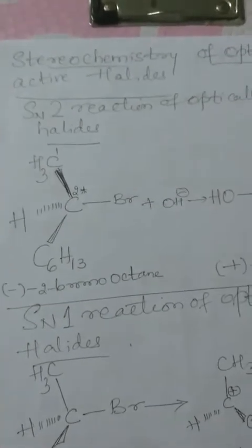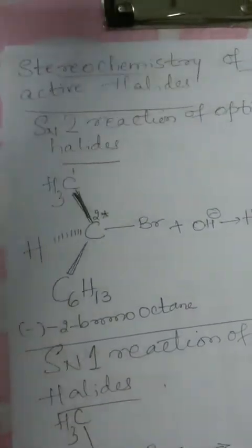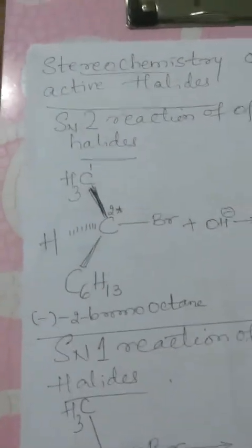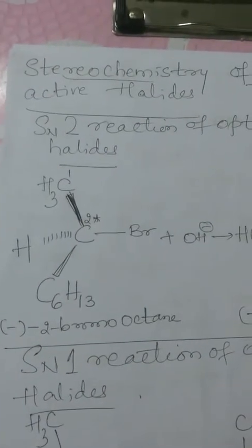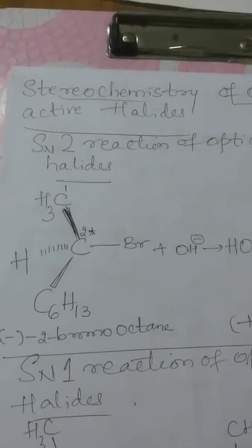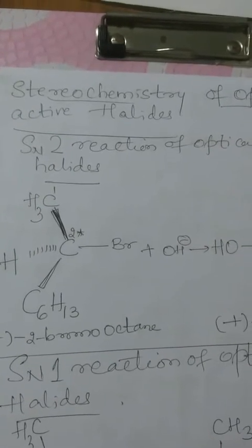The structure is written in the short form. Only the second asymmetric carbon is shown. You can extend the carbon chain C6 each time by the methylene groups. So this is the structure of 2-bromo-octane written in 3 dimensions. Now this 2-bromo-octane has C2 which is optically active.